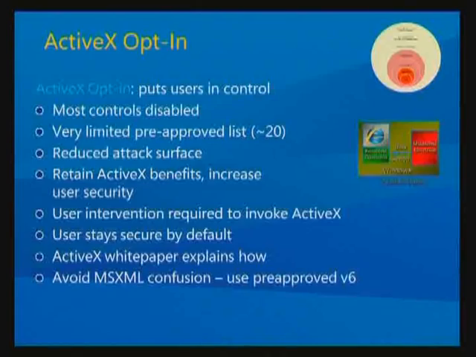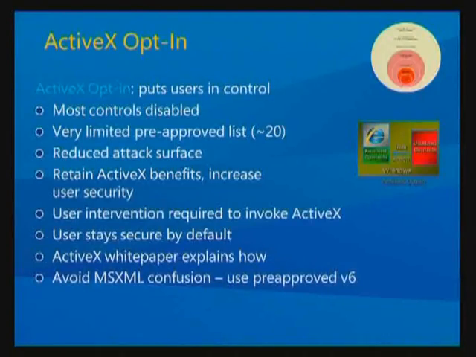Looking back at ways to protect the user against those threats that ActiveX presented, where controls were never meant to be exposed to the internet, here's what we do in the scenario of an XP machine. At install time, we create a new key in the registry that is the approved control list.